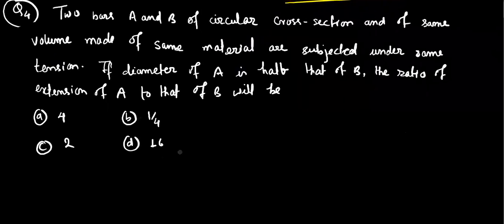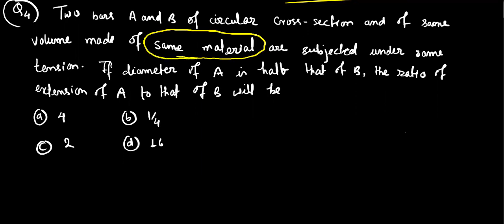Okay, so according to question, we can say that the Young's modulus of first and second bar are same because here is mentioned same material. So I'm going to make first here an expression, and then we can easily use that expression for overall cases.